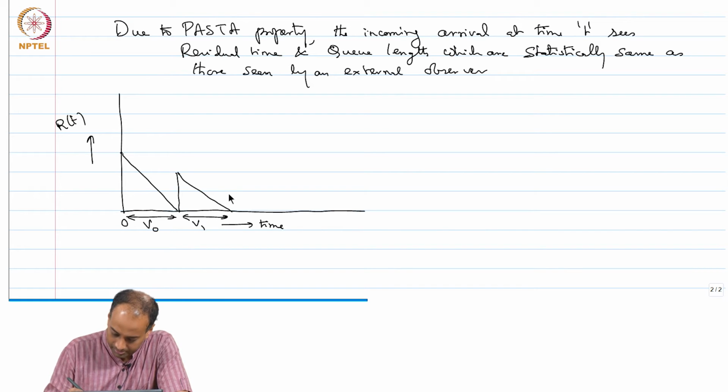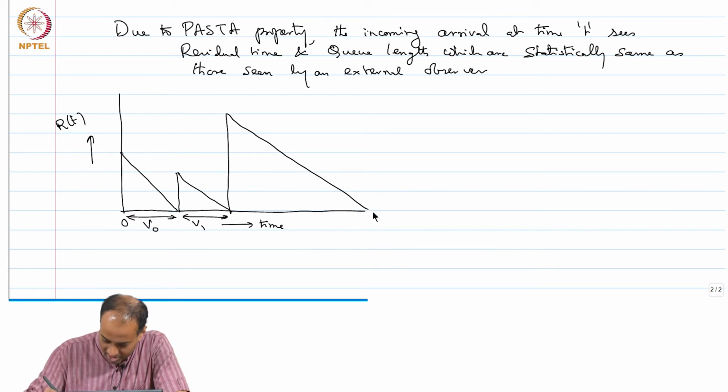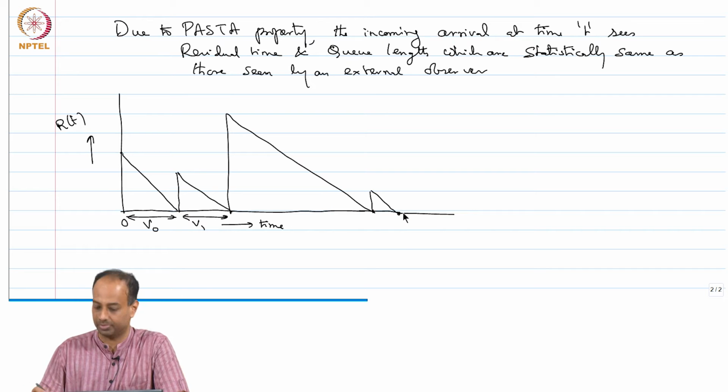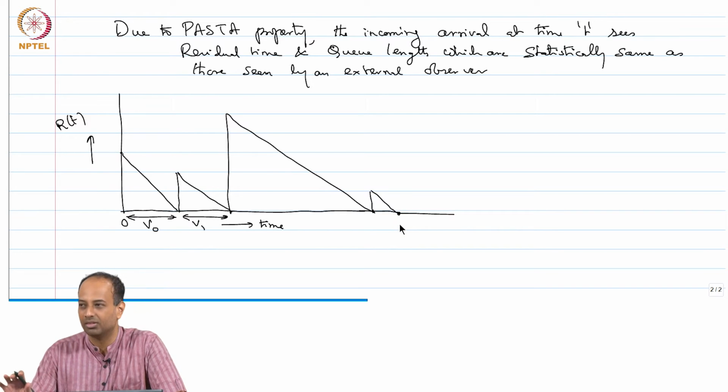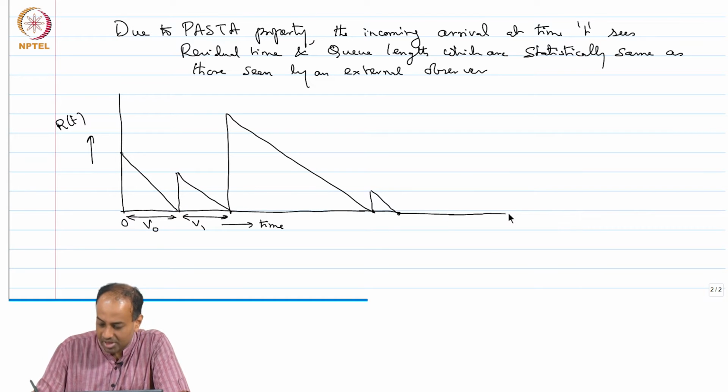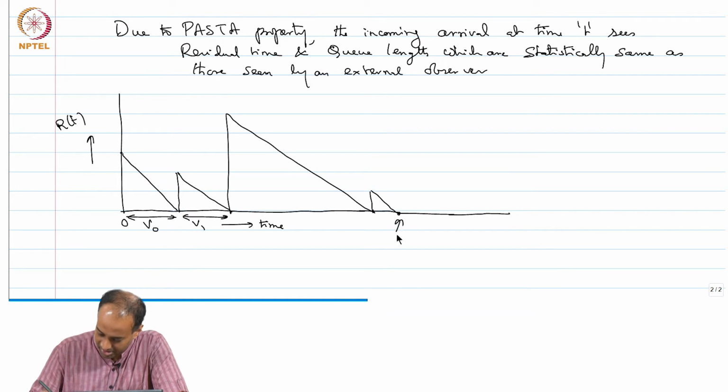correct. And then there is a V 2, it is probably quite large, and there may be a small V 3 and so on. And then let us say the system becomes empty. It just might. You can draw a trajectory, and so let us say the system empties.